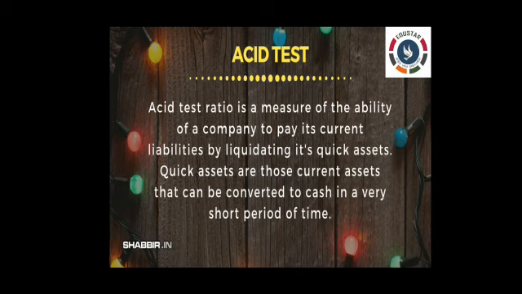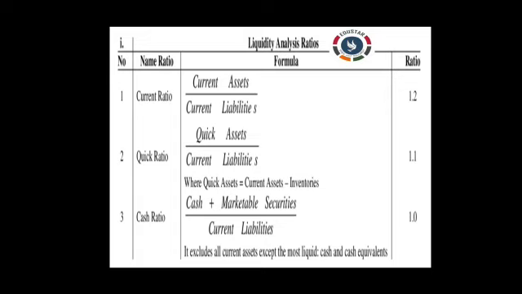So the quick ratio formula: quick assets divided by current liabilities. Quick assets equal current assets minus inventories. The ratio must always be 1:1. The ratio provides a measure of the capacity of the business to meet its short term obligations without any hurdles.